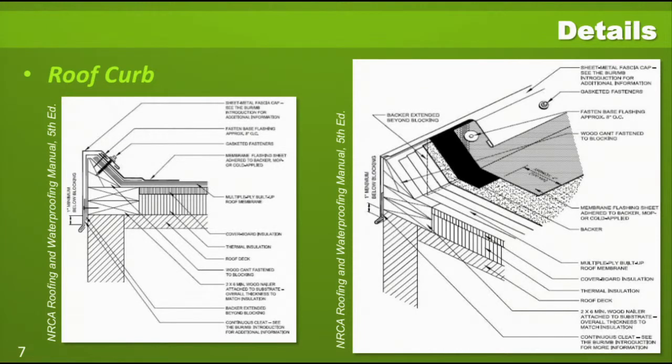In examining some of the common roof details, here we've got two views of a short roofing curb. In looking at the detail on the right, it shows that the multi-ply built-up roof is going to go up that 45-degree curb to where it terminates near the top.